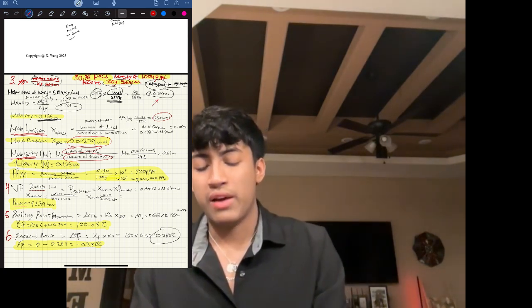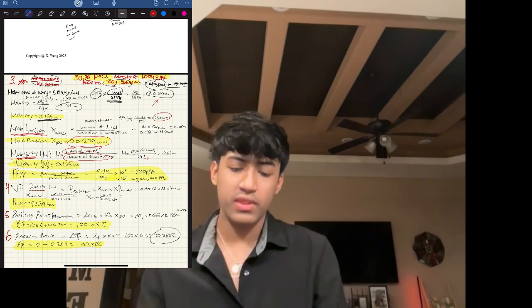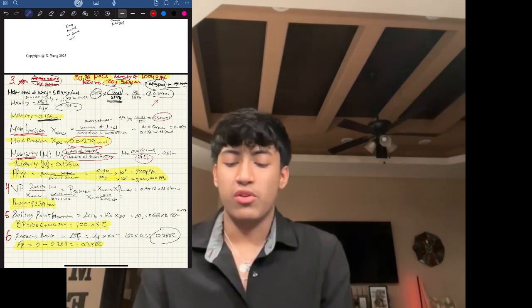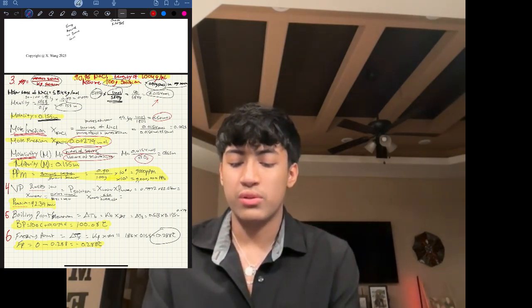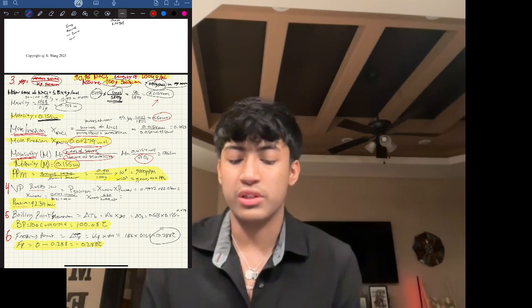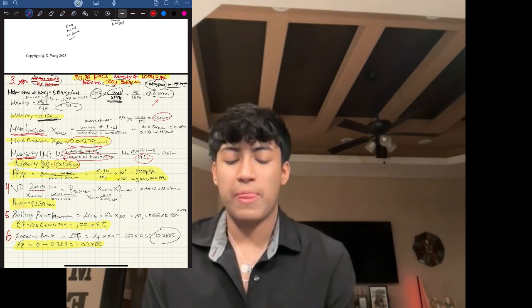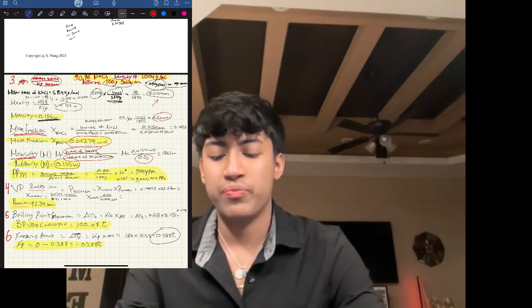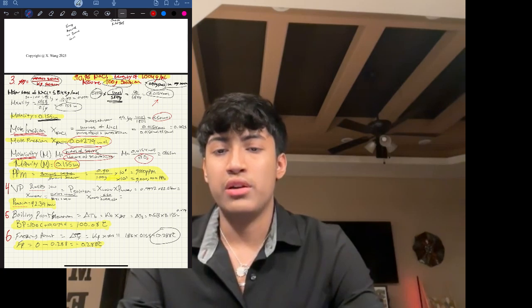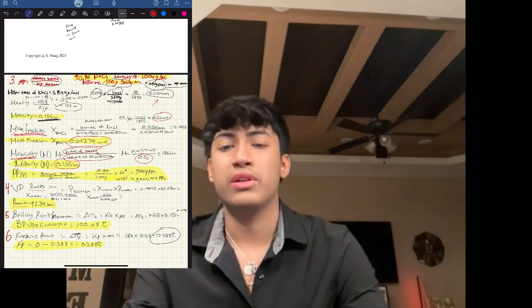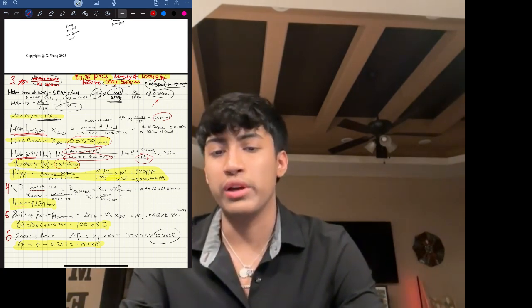Then we would have to find the molarity. So molarity equals moles of solute over the volume of solution in liters. So as we know, the volume of water translates 1 to 1 with its weight.